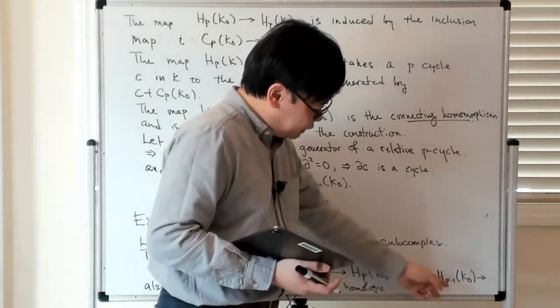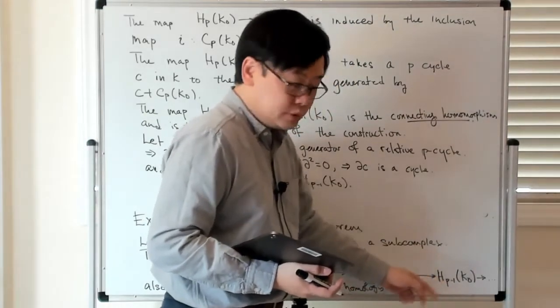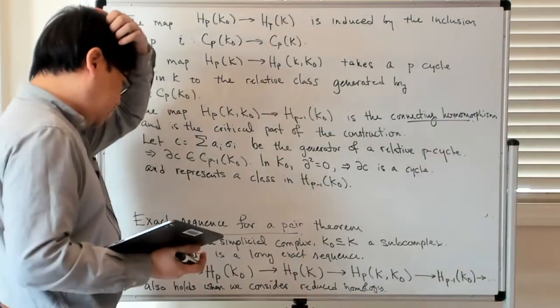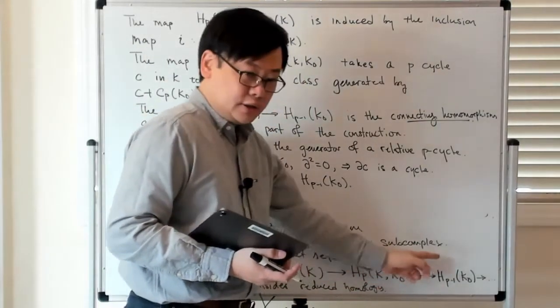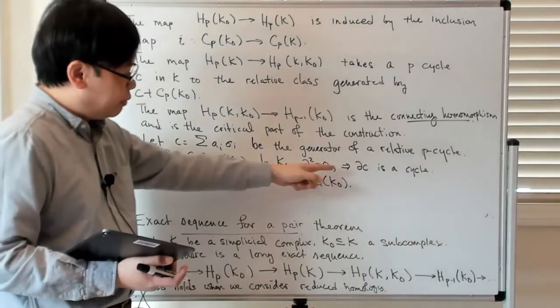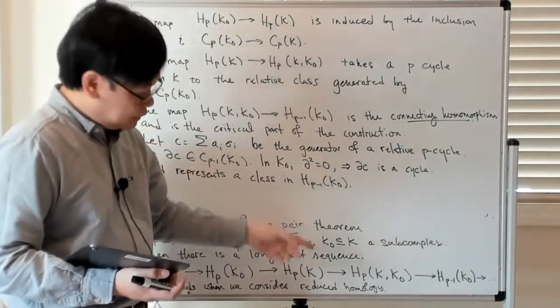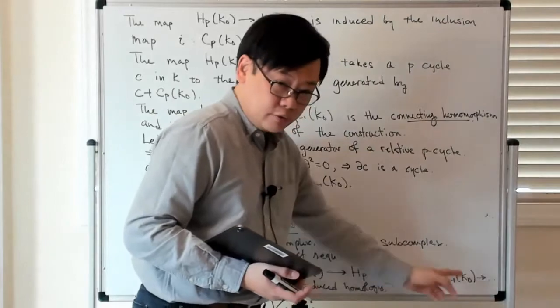But of course, these are at the level of homology groups, so you have to check that the map induced by this boundary operator is well defined at the level of these quotient spaces.